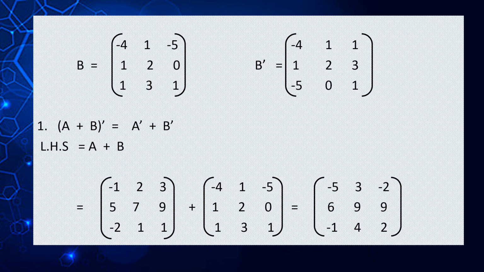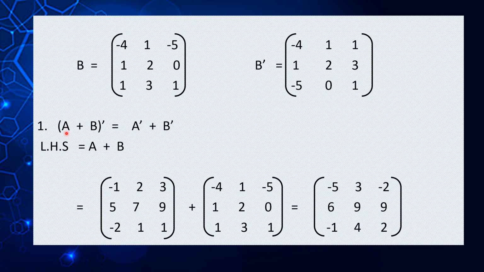Then write down the given B matrix and its transpose, that is B transpose is equal to minus 4, 1, 1, 1, 2, 3, minus 5, 0, 1. Now, the first part of the question is A plus B the whole transpose is equal to A transpose plus B transpose.